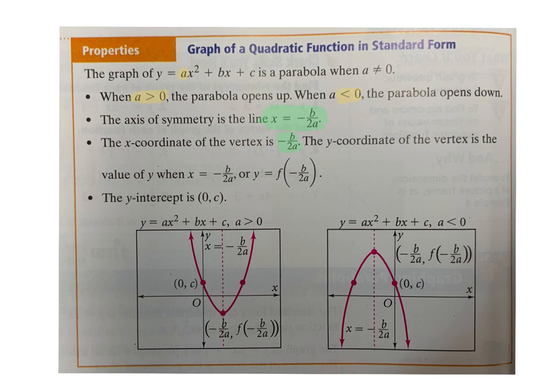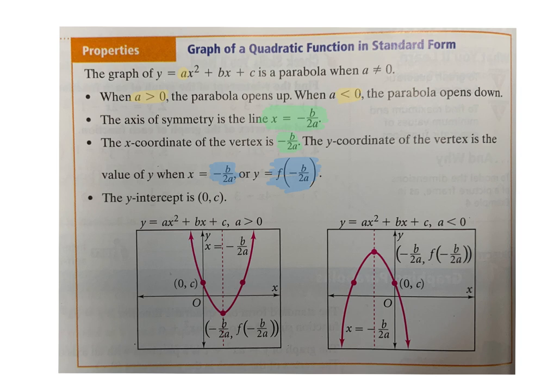If I have the x of a point, how do I find the y? You plug it in. And so once you find the axis of symmetry, you have found not only the axis, you have found the x value of your vertex, and you take that and plug it into your function to get the y value of your vertex. So your vertex ends up being an x value of -b over 2a and a y value of f of -b over 2a. You plug it in.